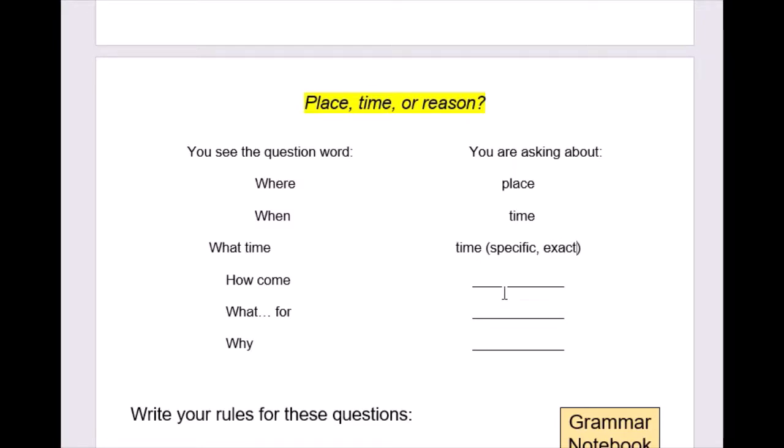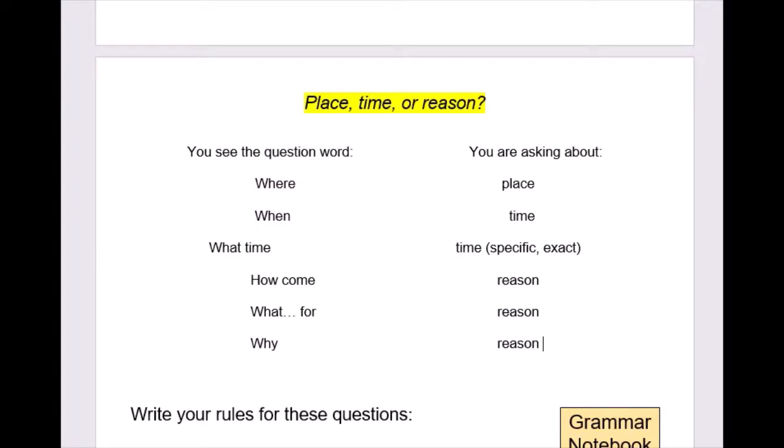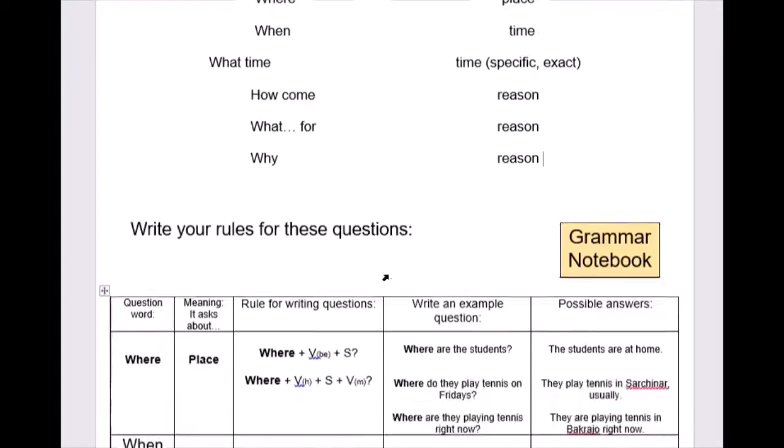Exact. Okay. How come? Do you remember the meaning? It means you want to know the reason. Okay. What ... for? You want to know the reason. Okay. And then why means you are asking about the reason. Okay.